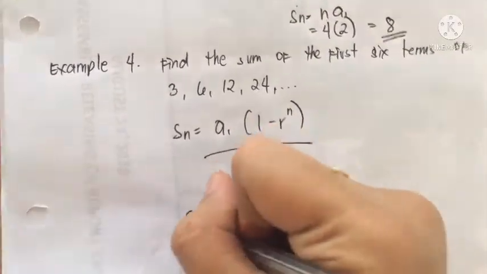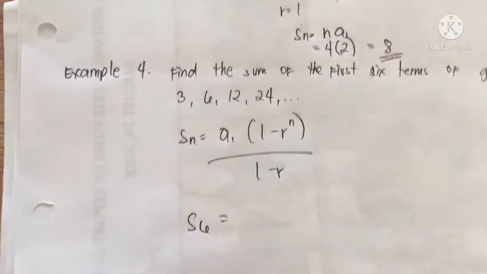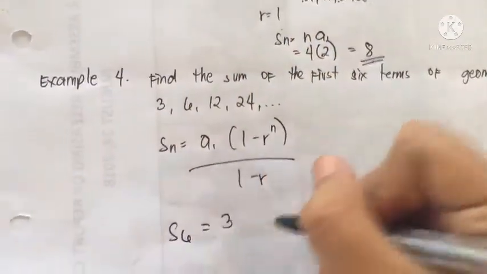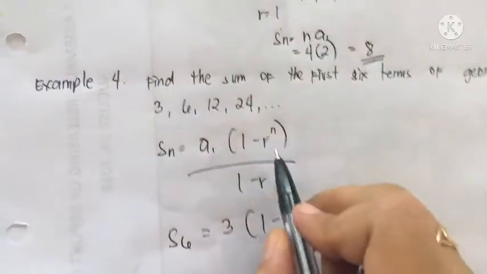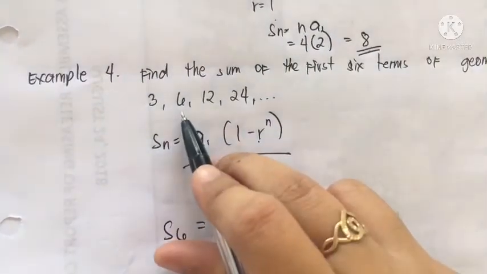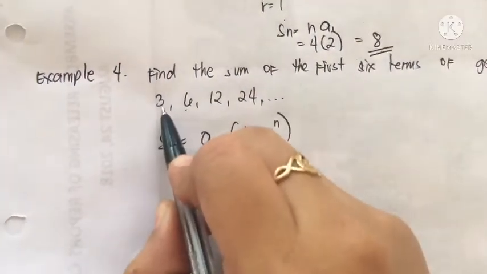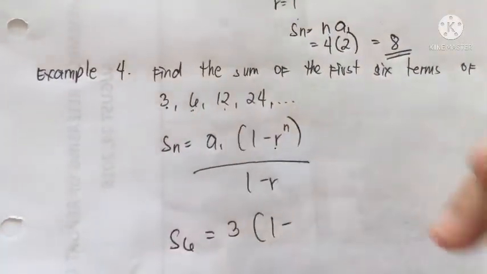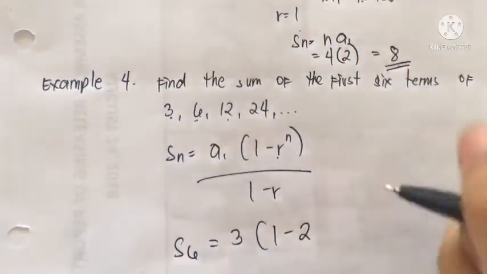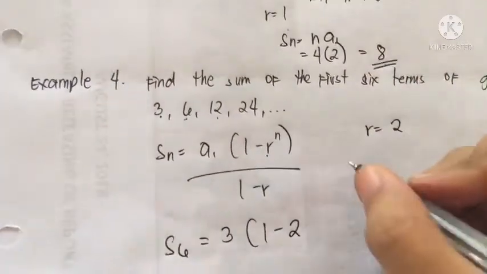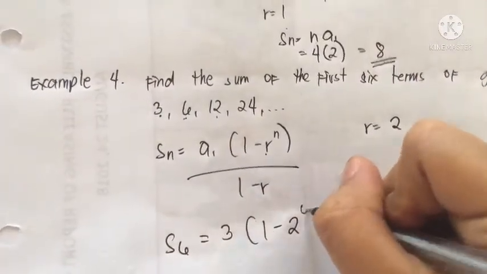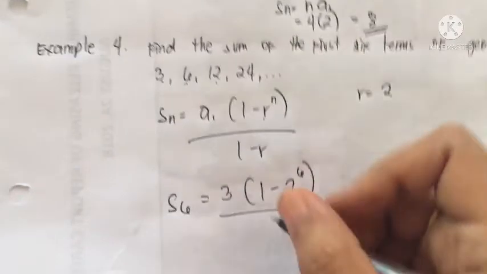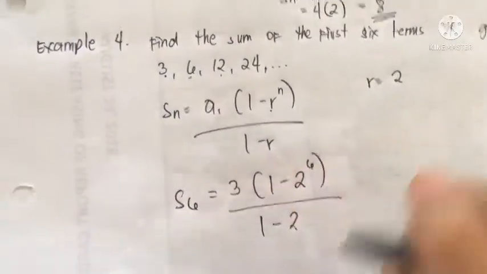So, ibig sabihin, S sub 6. Then, the first term is 3. Then, 1 minus, ang common ratio natin, ano yung common ratio natin? 6 divide 3, ang sagot natin is 2. 12 divide 6, ang sagot natin is 2. Therefore, ang ratio natin is 2. Then, n natin is 6 over 1 minus 2.